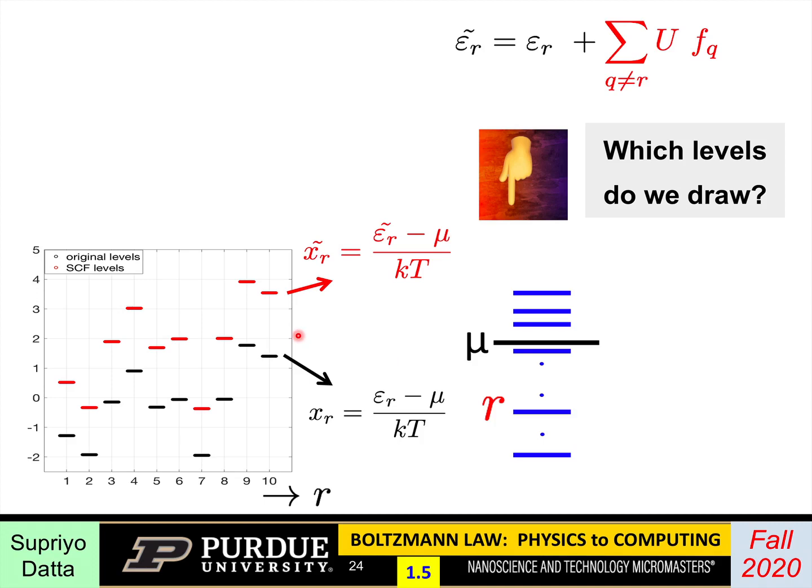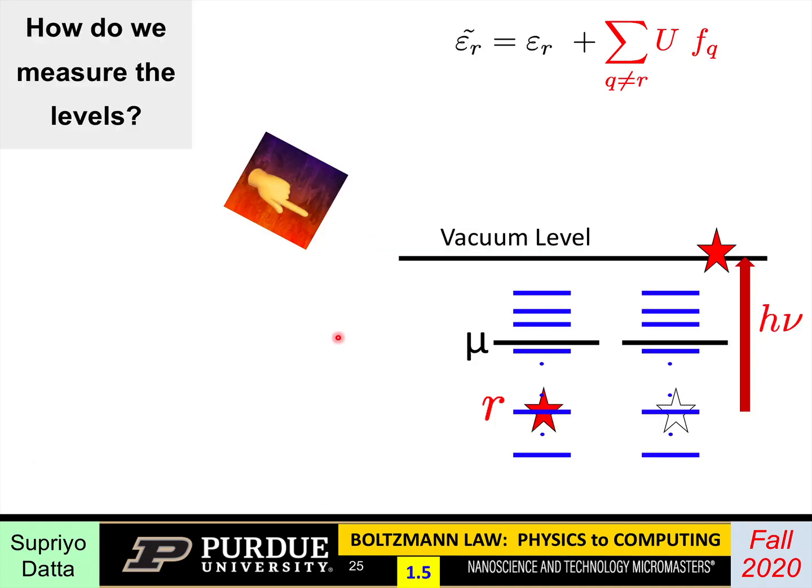Now, how do we know that? Well, consider first how you actually measure these one-electron energy levels that we commonly use. How do we measure them? The idea is that if you want to measure a level, you do what's called a photoemission experiment. You hit it with light, knock an electron out, and then see what photon energy is needed to do that.